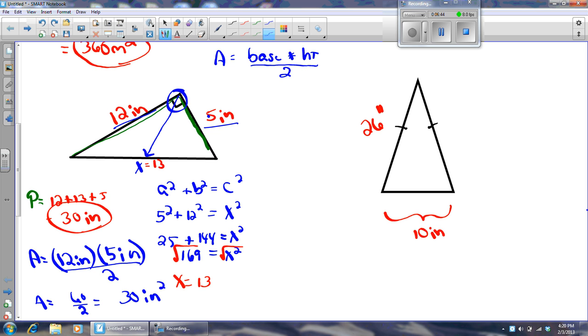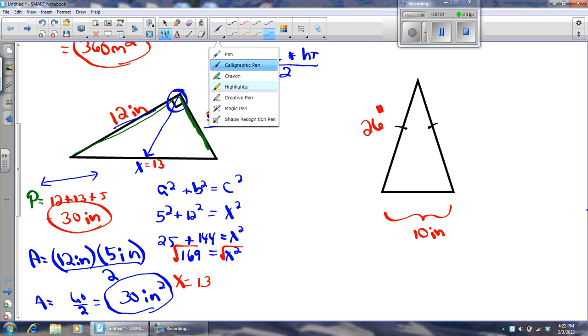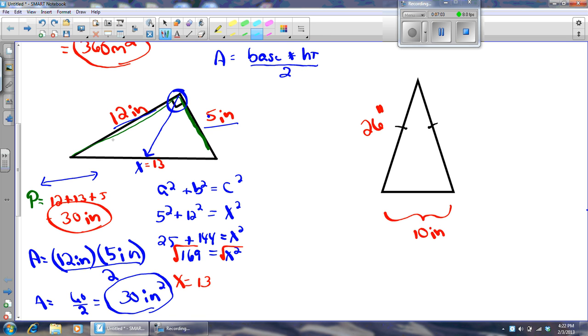Now, some of you might be thinking, hey, we got the same answer. No, we did not. 30 inches is a measurement in a straight line. Okay, and the inches squared is the measurement inside the shape. Like if I take my highlighter, the 30 inches squared, I just found out how much space is in here. See this blue area I'm shading in?